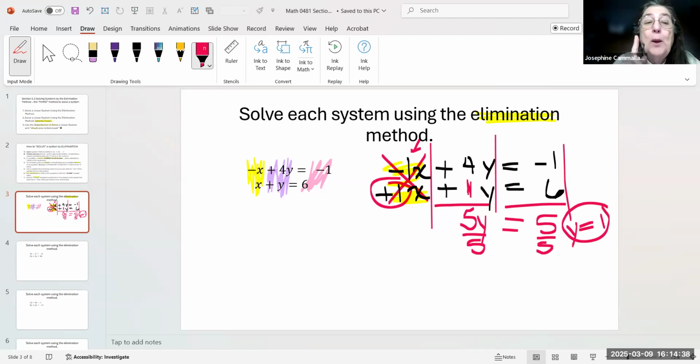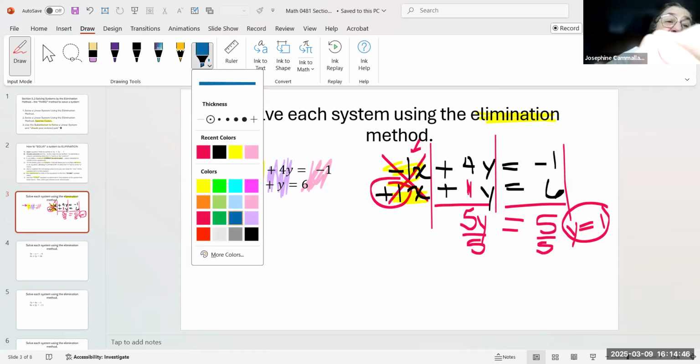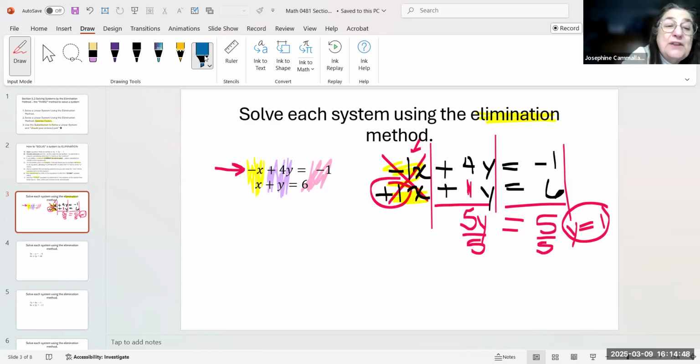Okay, now my choice. I then come back to this first equation because I have to find x. Well, this will give me a negative x plus 4, and where that y is, I'm putting a 1, and this is equal to negative 1. This will give me negative x plus 4 is equal to negative 1.